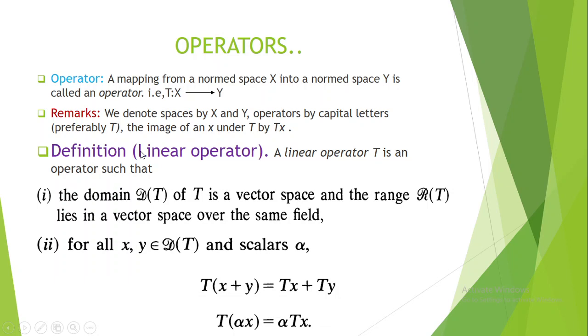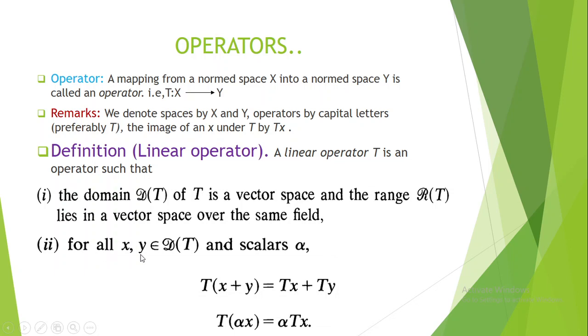Now we have another important definition of operator: linear operator. A linear operator is a mapping between two norm spaces. A linear operator is an operator that satisfies these two conditions. The domain D(T) of T is a vector space, and the range R(T) of T lies in a vector space over the same field.